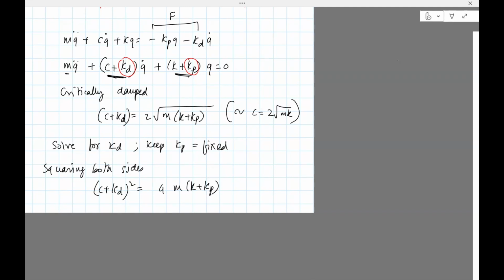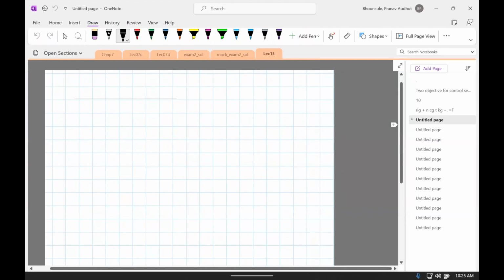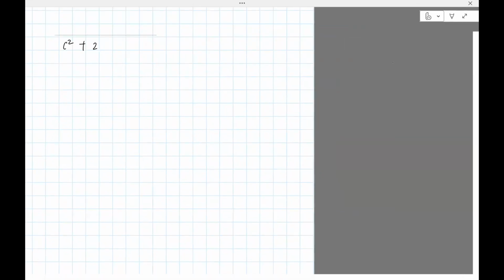So I'm going to expand that out. c square plus 2c kd plus kd square equals 4mk plus 4m kp.